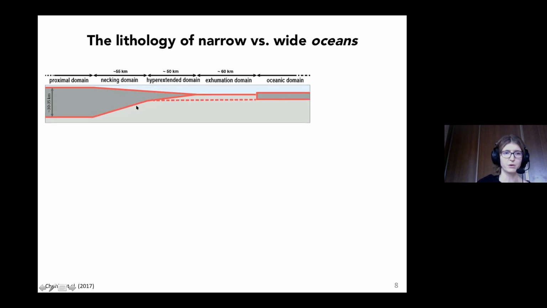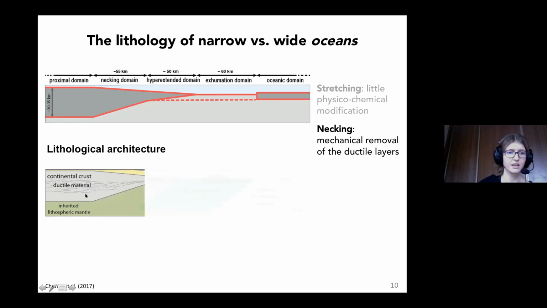To think about that, we looked at how lithology evolves during rifting. At first, when we form the proximal and the necking domain, there is little modification of the lithology of rifted margins. The ductile layers, represented here with this pattern, are just progressively thinned out.